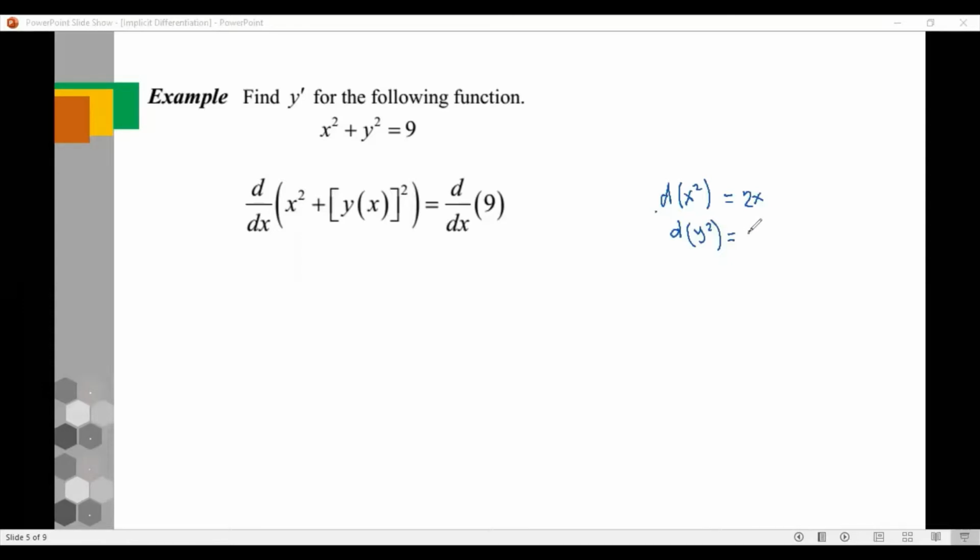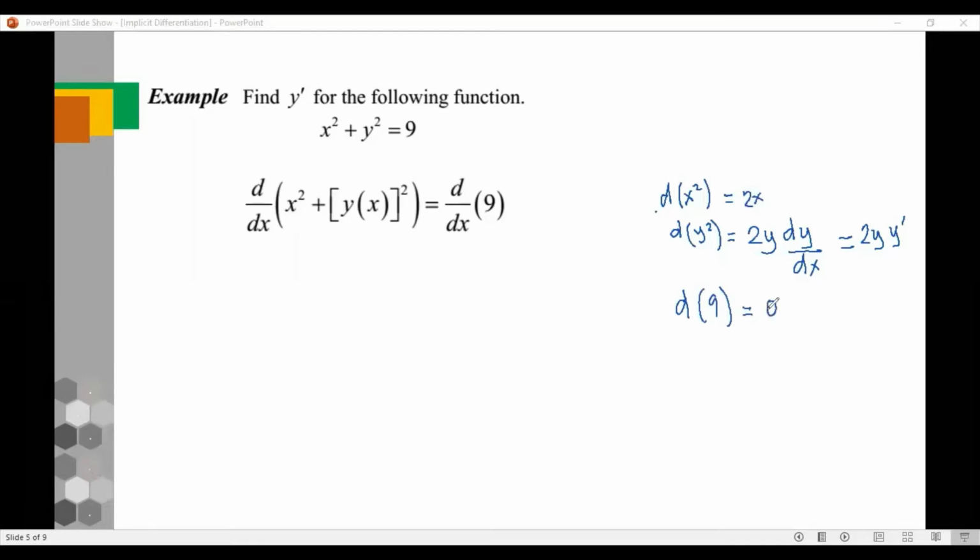So the derivative of y squared is 2y also, but you should add the derivative of y with respect to x, which is the same as y prime, the first derivative of y with respect to x. So that's the difference.